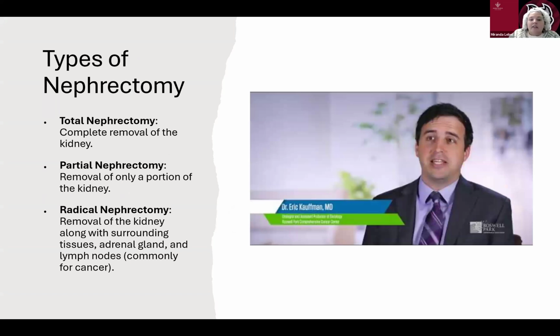Types of nephrectomy, and here's a little video where they compare total to partial. Total nephrectomy is a complete removal of the kidney, and partial is the removal of only a portion of the kidney. And then there's radical nephrectomy, the removal of the kidney along with surrounding tissues, adrenal gland, and lymph nodes. That's commonly going to be for cancer.